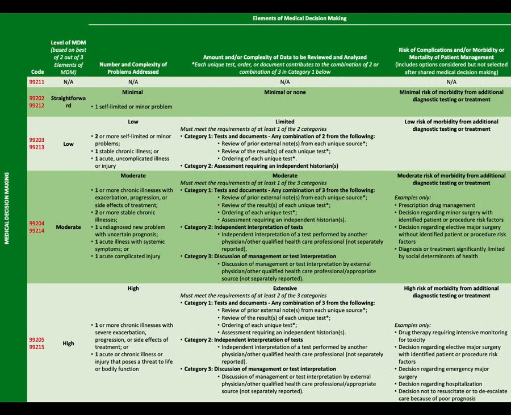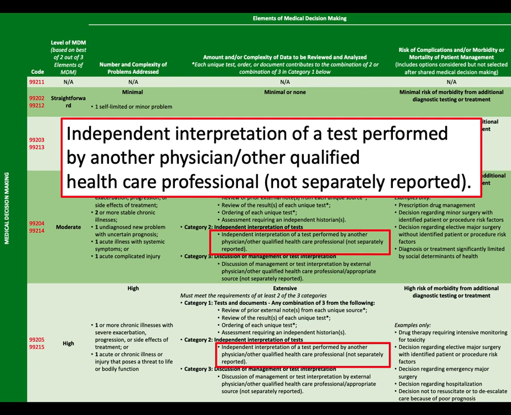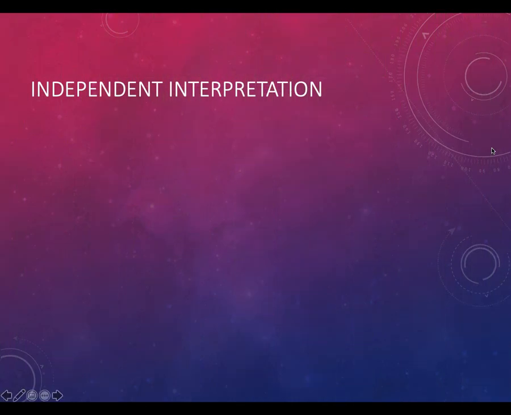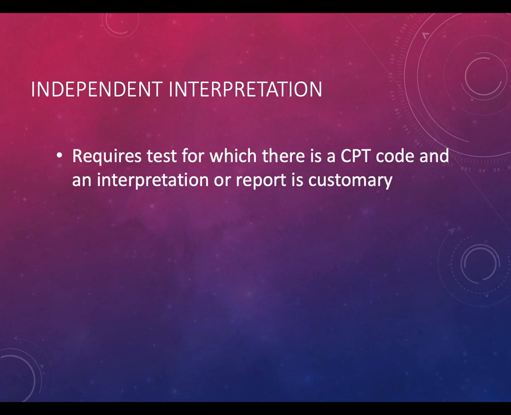Next is the definition of independent interpretation of a test performed by another physician or other qualified healthcare professional, not reported separately. An independent interpretation of a test has several elements. 1. The test must have a CPT code and an interpretation or report is customary for this service. 2.